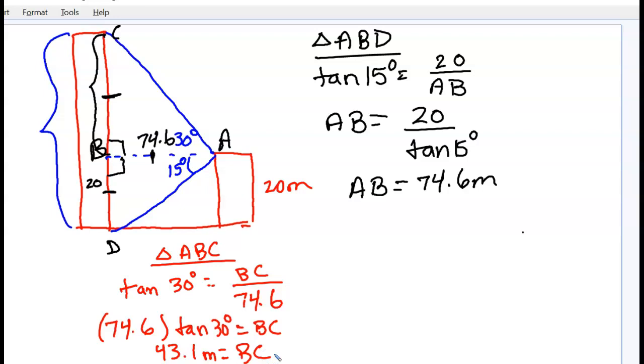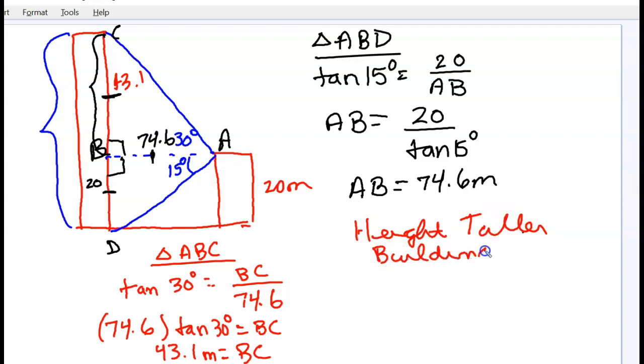Now you have to be careful because we're not quite done with the problem yet. We want to figure out the total height of the building. So I know that this part here is 43.1, and I also have 20 down here. So to find the height of the taller building, I have to take 43.1 meters and add 20 meters.